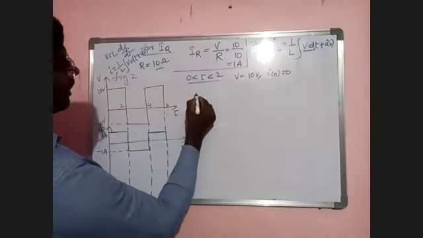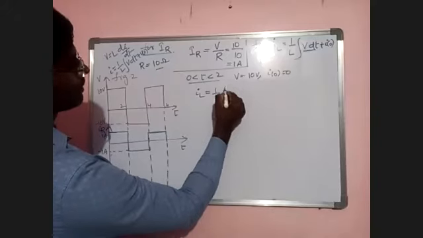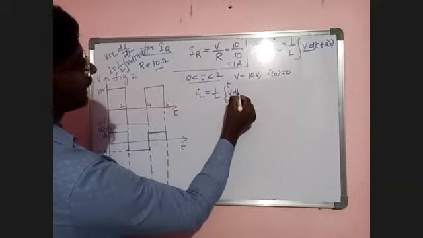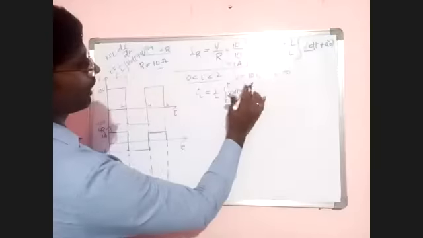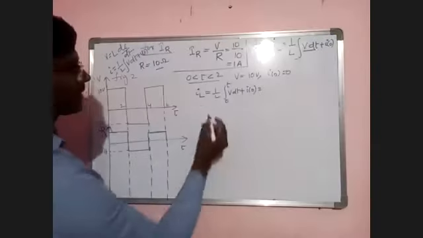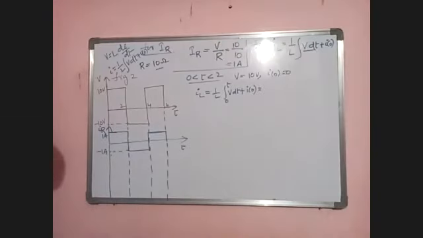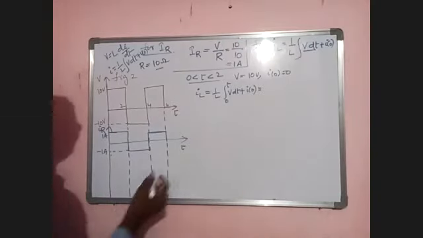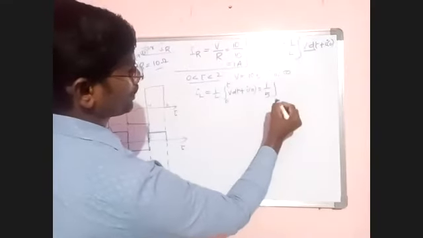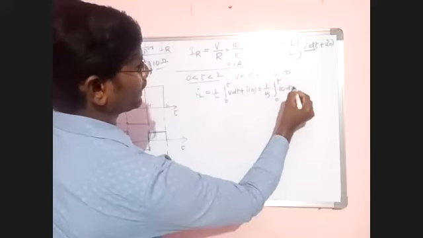From this, I L is equal to 1 by L integral from 0 to t of V dt plus I of 0. L is given as 5 henry. So 1 by 5, integral 0 to t of 10 dt plus 0.